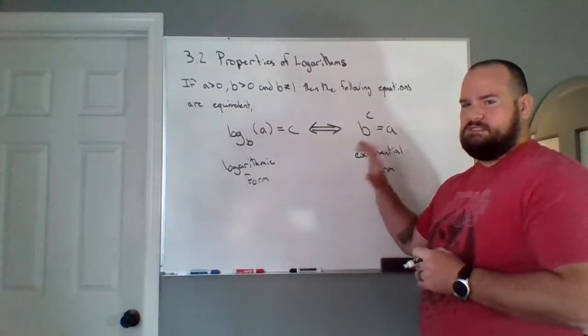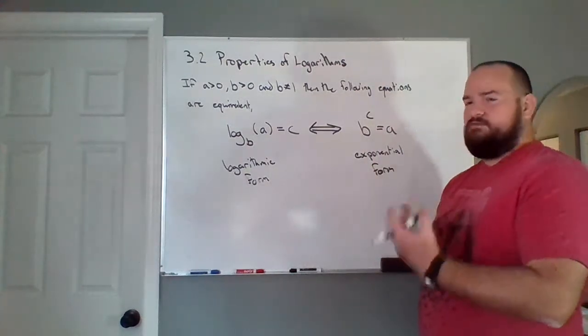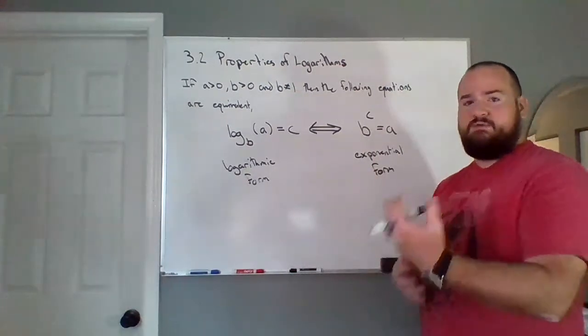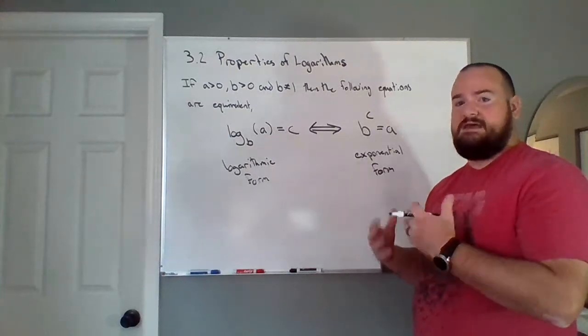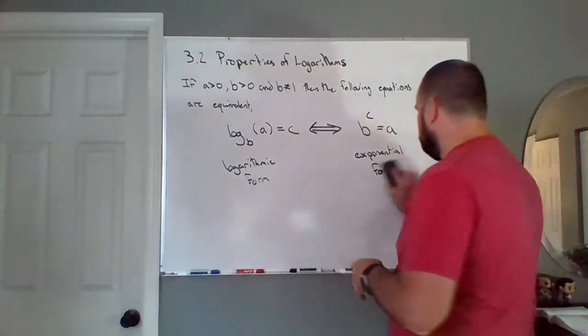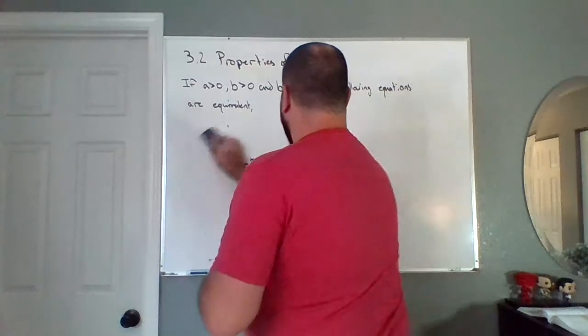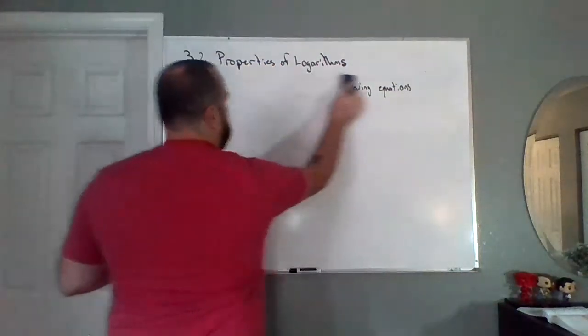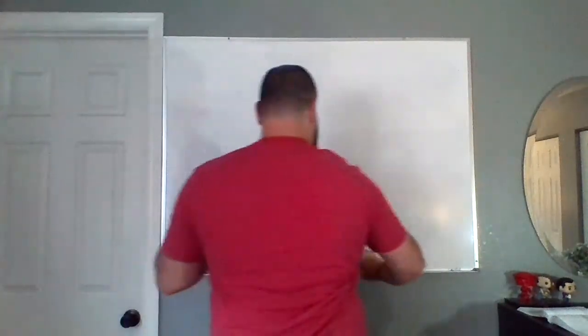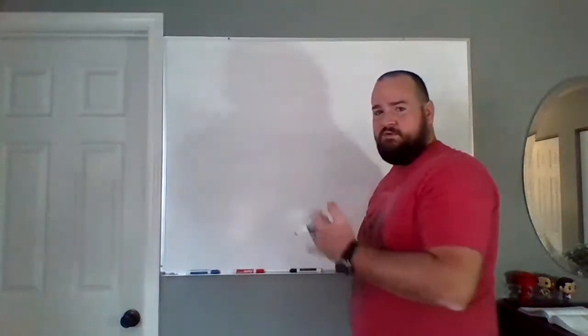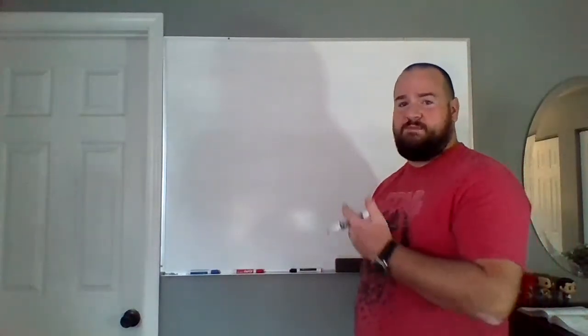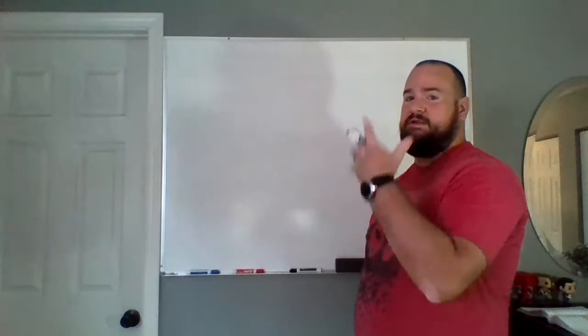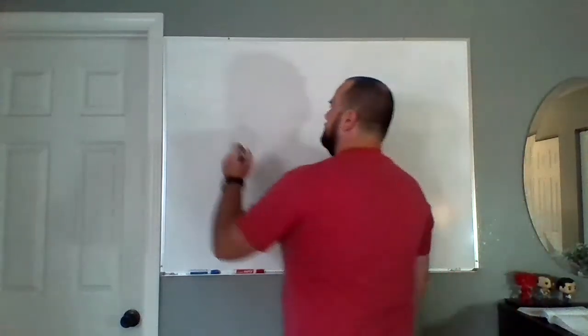So let's practice doing this. We're just going to first practice switching from form to form, and then we're going to practice using this idea to help solve equations. First, I'm going to write a few different equations down. I want you to convert each from either the log form to the exponential or the exponential to the log. That's it.